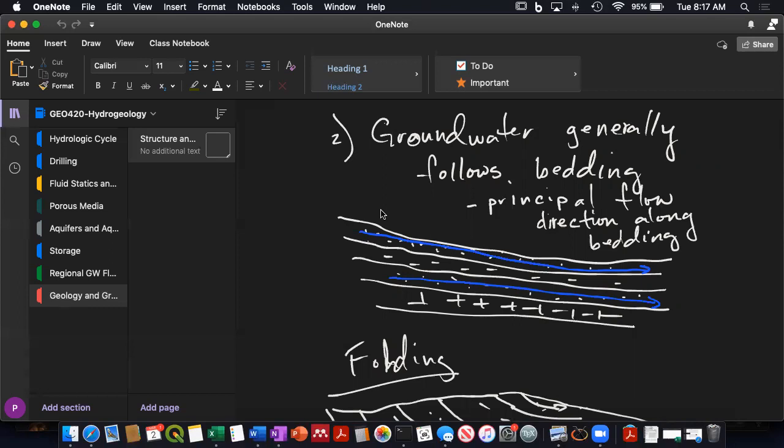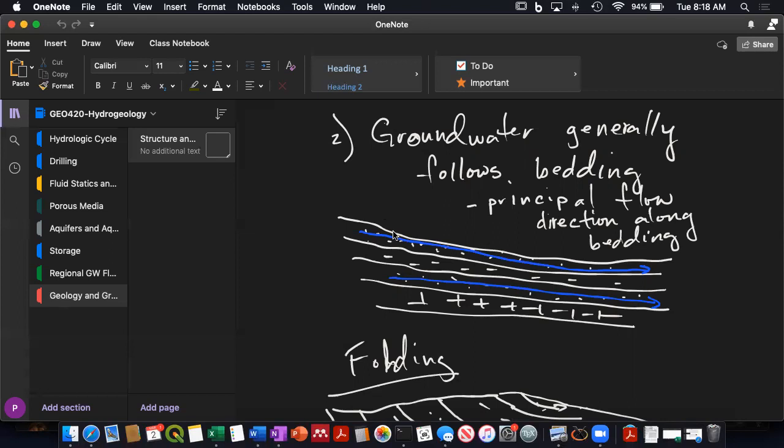And in general, the groundwater will follow the bedding plane, all right? And we've done these calculations before. We figured out the average hydraulic conductivity of a sequence of layers, either horizontal in the direction of the layering or vertical against the direction of layering.